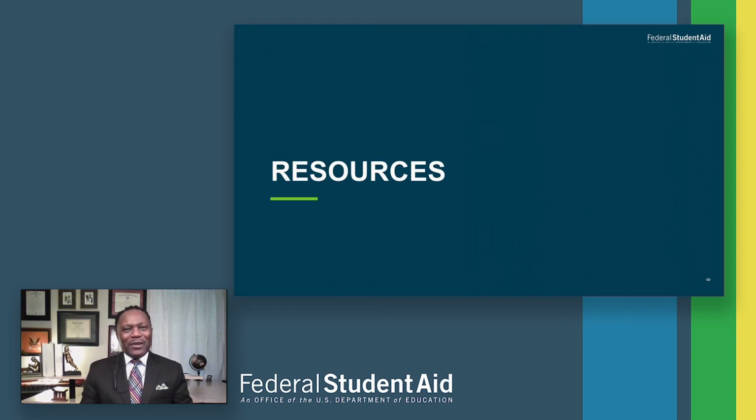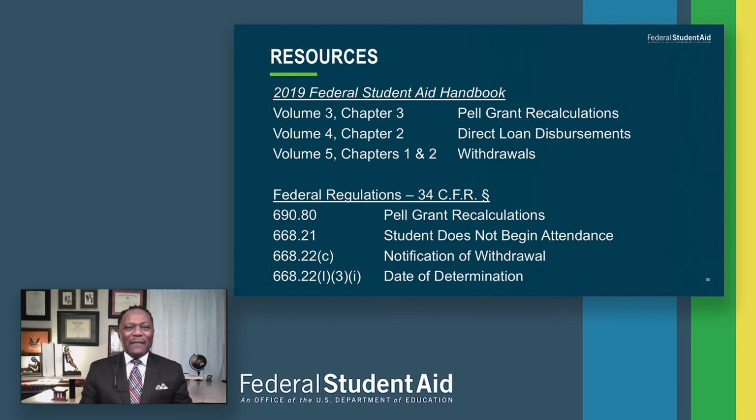In conclusion, we would like to show you where you can find the resources substantiating anything I shared with you today. We have two primary resources, the FSA Handbook and a listing of federal regulations that will help establish the authority in which you will implement your own policies.